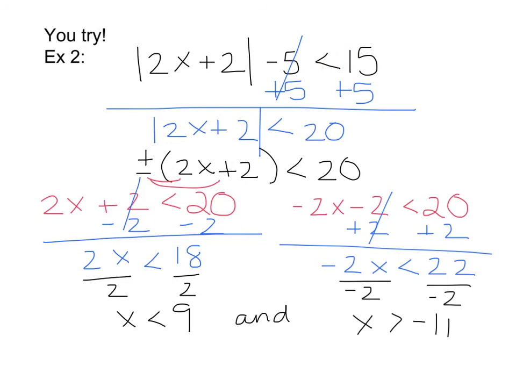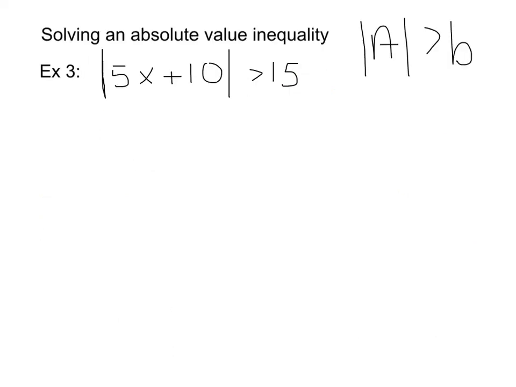So let's draw ourselves a graph. I ran out of room, so I'm going to move it over here to the right-hand side. So I have 0, 9 gets an open circle because it's just less than. Negative 11 gets an open circle because it's just greater than. And then you shade in the middle because it's an and problem.